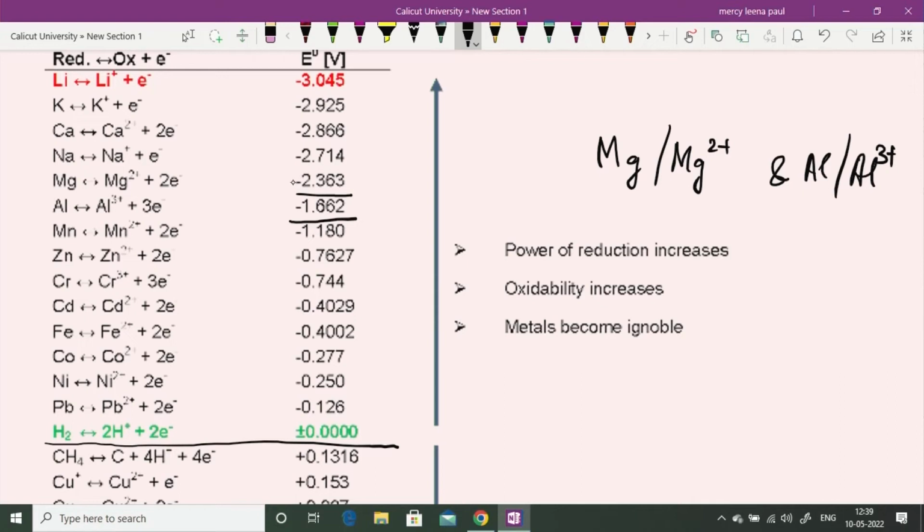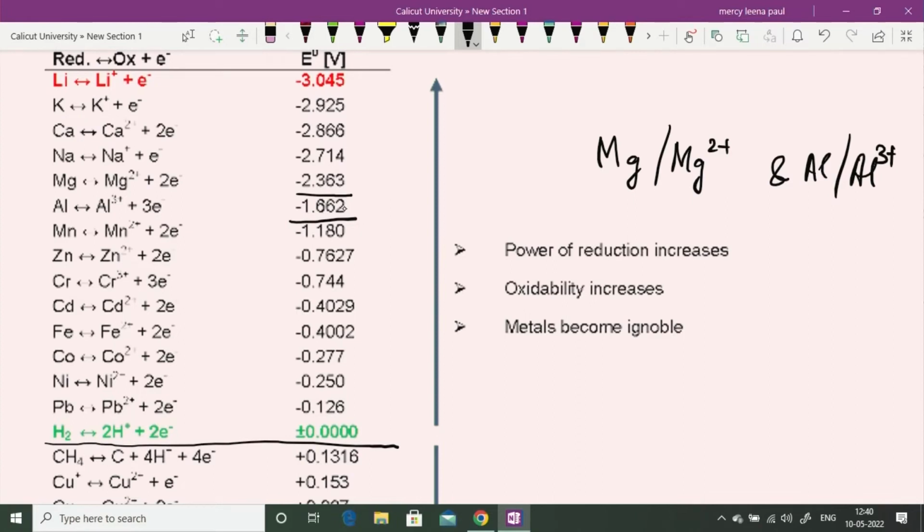From this value I can understand that minus 2.363 means its reduction potential is very negative, so it prefers oxidation. In the case of aluminum, it is minus 1.662, which is a higher value, which shows that it prefers reduction more than oxidation. So, when I combine these two, I am sure magnesium will undergo oxidation.